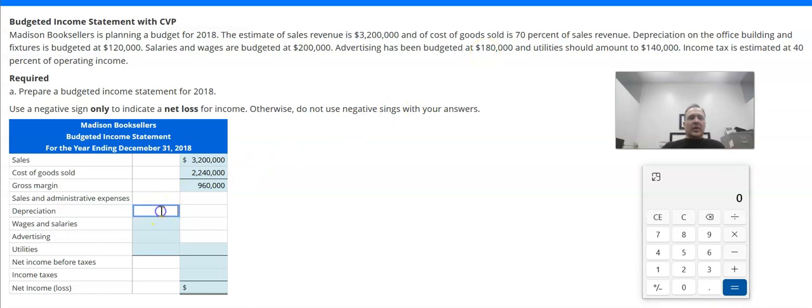Okay, so it looks like all we're going to have to do here is just plug these numbers in. And so if you were already working on something like this, you would probably already have this part done. And then what were utilities? 140.